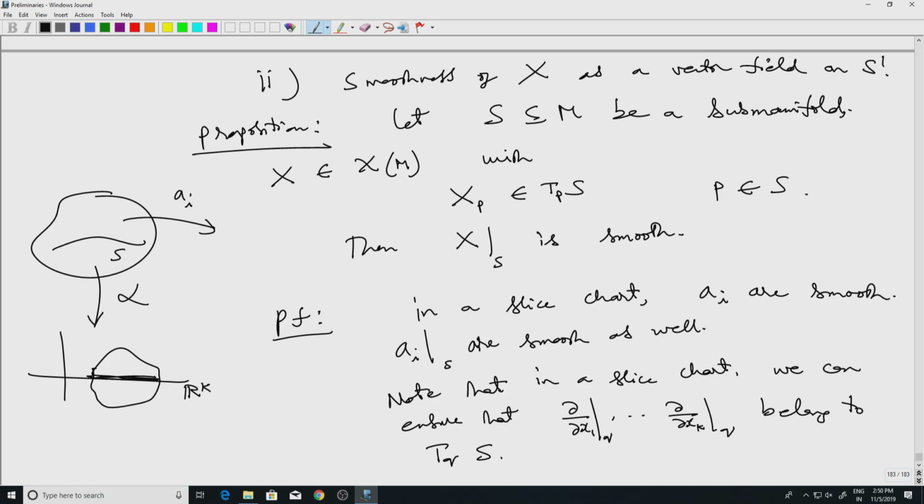So X restricted to S, by this condition, will be a linear combination of ∂/∂x1 up to ∂/∂xk with the coefficient functions a1 up to ak. So therefore that will also be smooth.